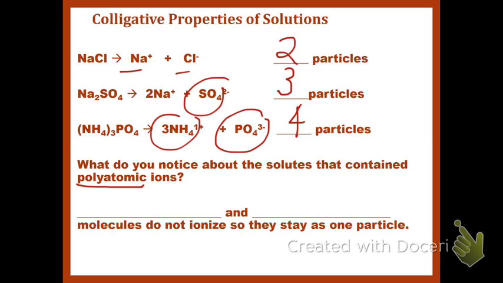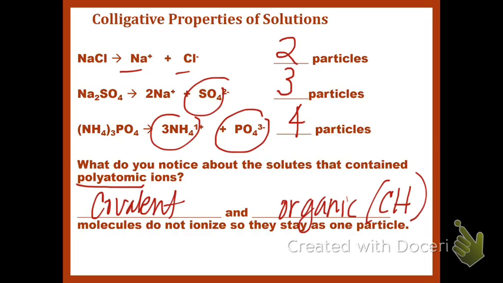Okay? If it is something that is covalent, or an organic molecule, and of course remember organic is like hydrocarbons, they have carbon and hydrogen, and covalent is 2 or more nonmetals, they stay together as only one particle. They do not break apart because they don't ionize.